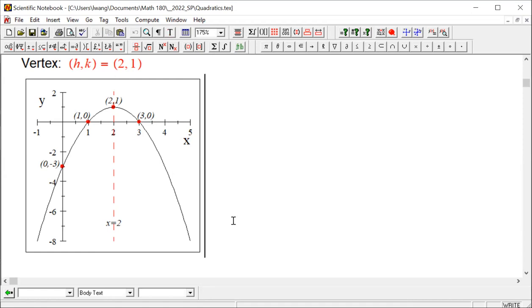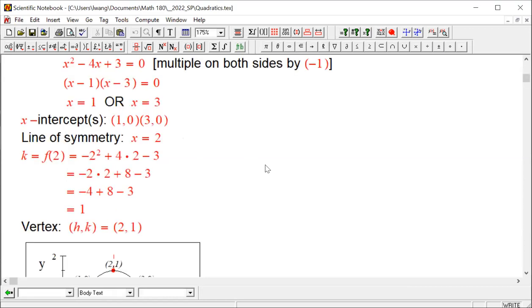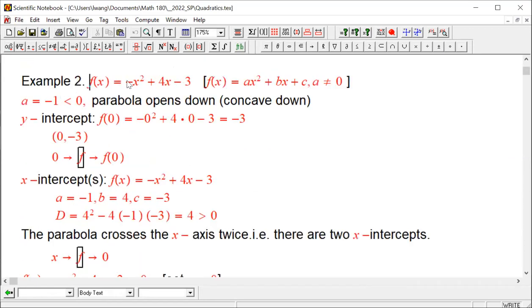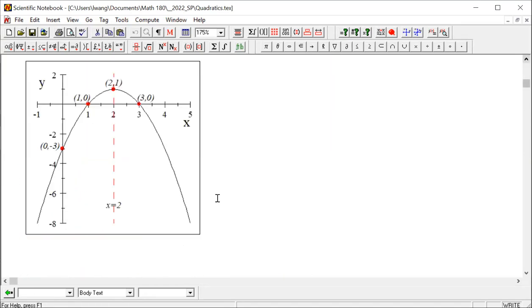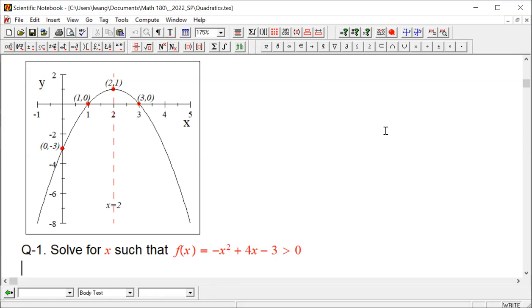solving inequalities. For example, question number 1, we would ask the question: solve for x such that f of x is positive.